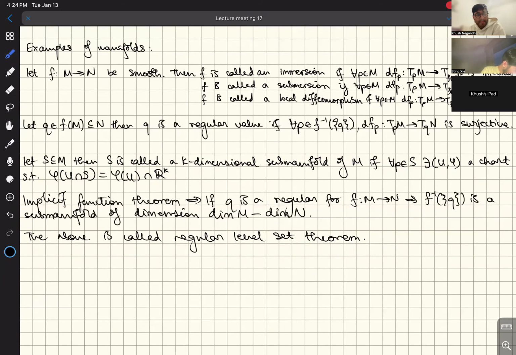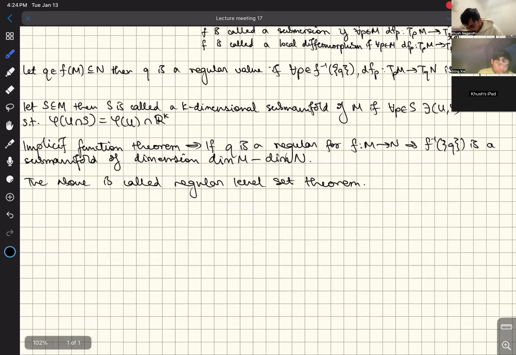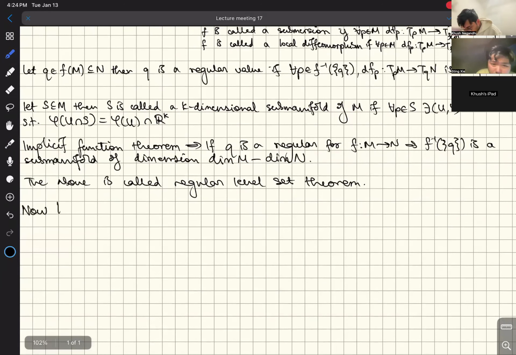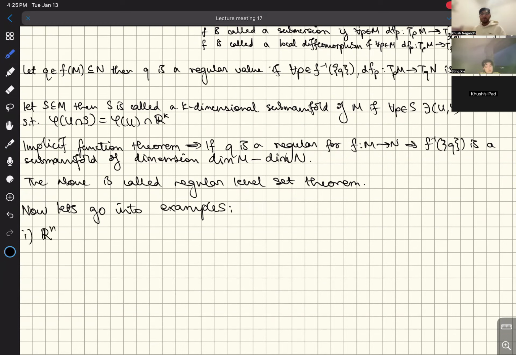Okay, so let's start easy. Let's go into examples. The first one, trivially, R^n. Everyone's favorite, R^n is a manifold.